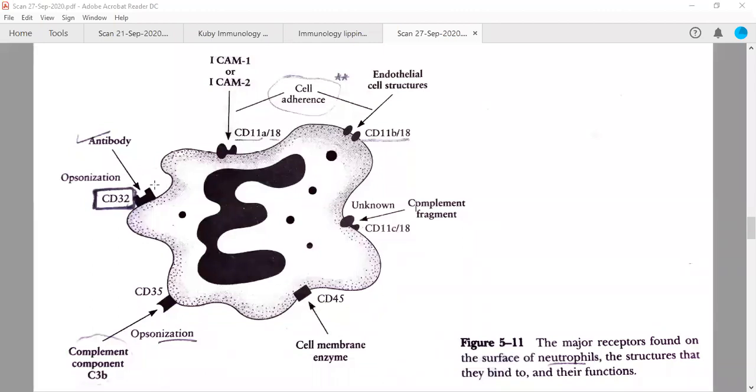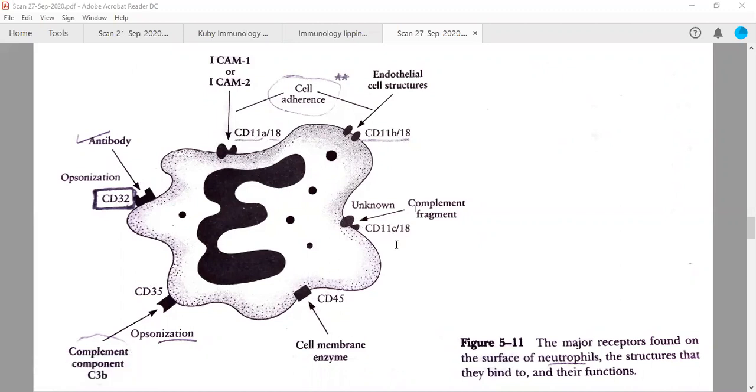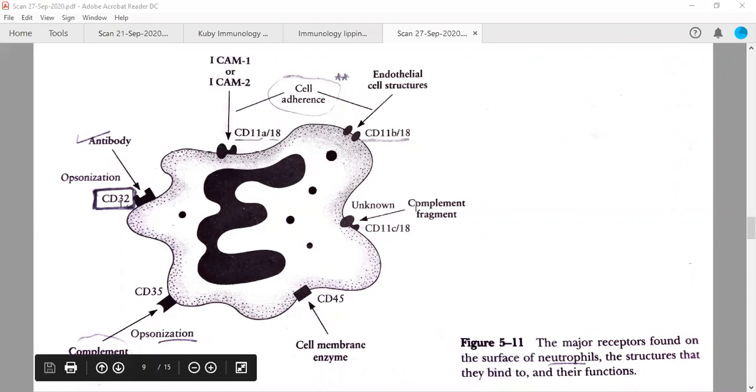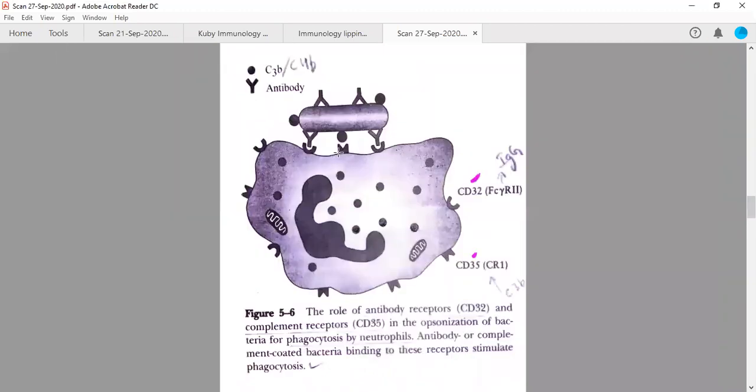So major receptors or major clusters of differentiation present over the surface of neutrophils are CD32, CD35, CD45, CD11A, 11B, 11C, right, and CD80. These are major receptors. They have different functions. First of all, we have discussed CD32, which is responsible for binding with antibodies like this.